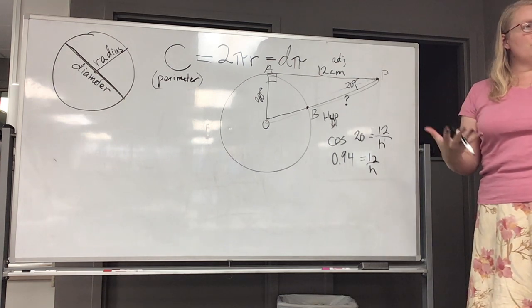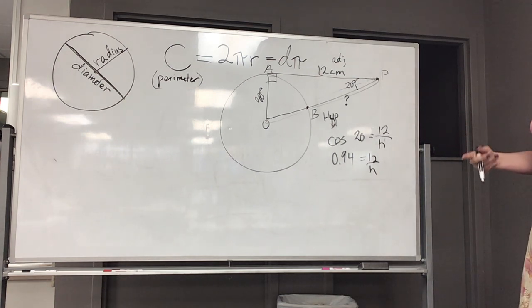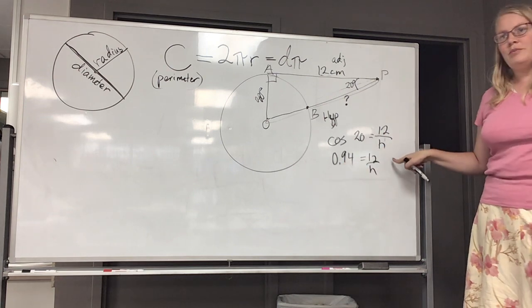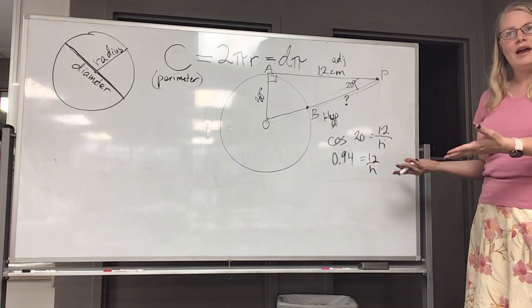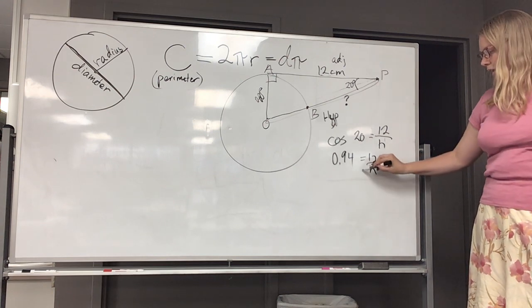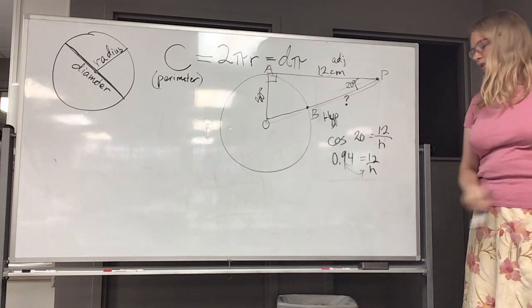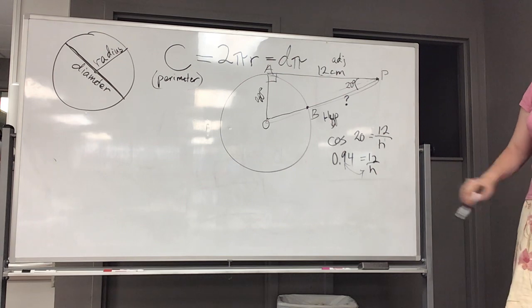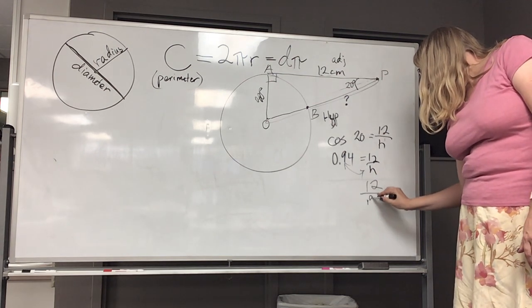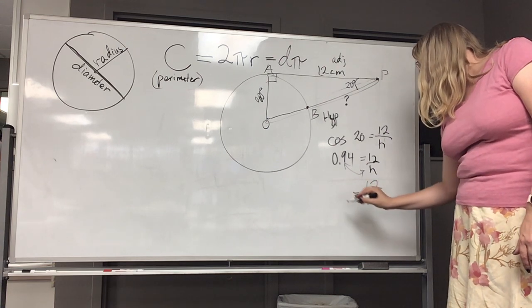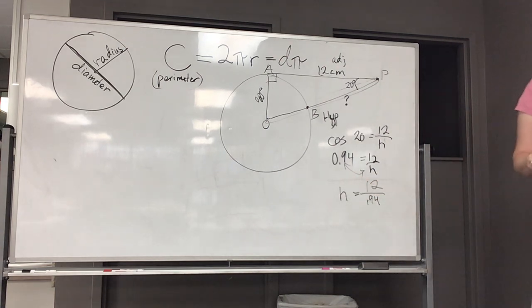The formal structured definition of what's going on is we're going to multiply both sides by h and then divide both sides by this 0.94. What happens is that we end up trading them. And so 12 over 0.94 equals that hypotenuse we're looking for.